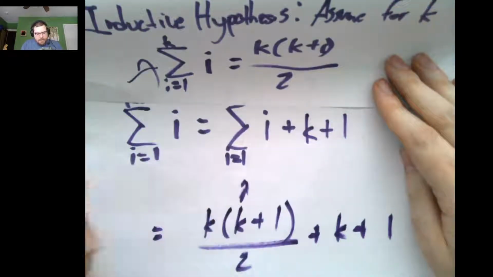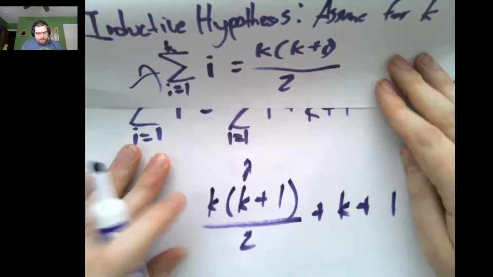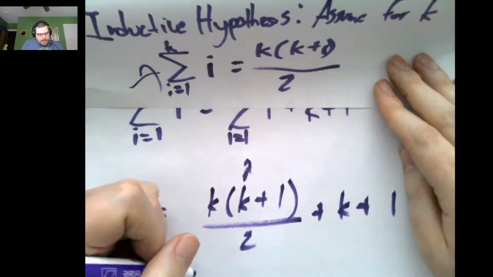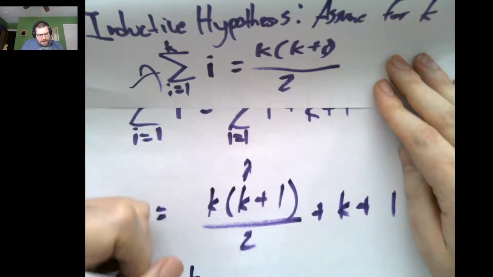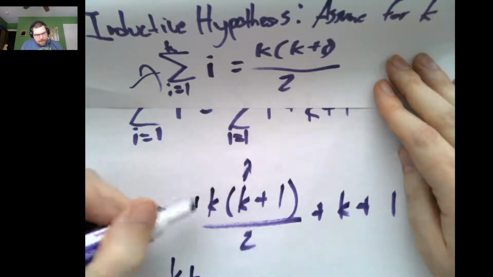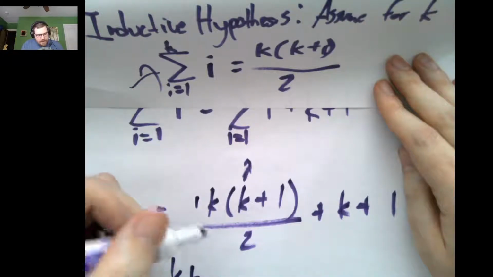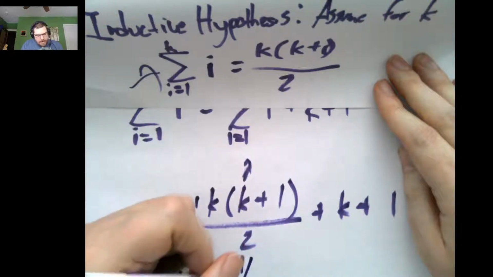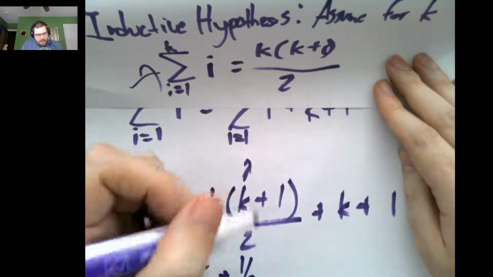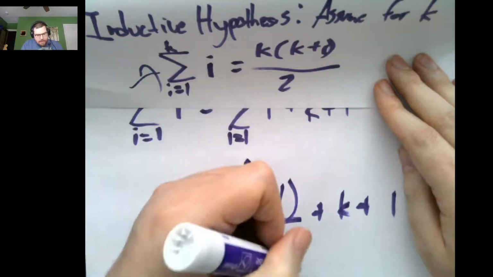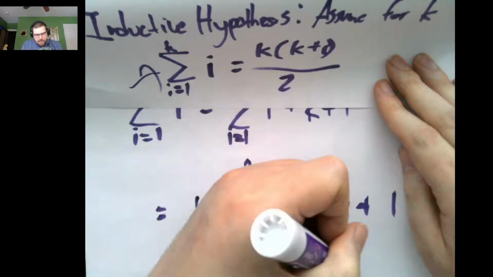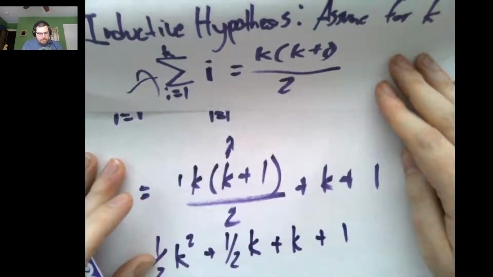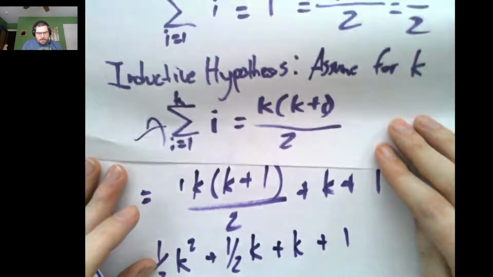And if we multiply these out, we get 1 half, because there's a 1 half being multiplied here. It's like a secret 1 half. 1 half k squared plus 1 half k plus k plus 1. Oh man, did I mess this up? I sure hope I didn't.